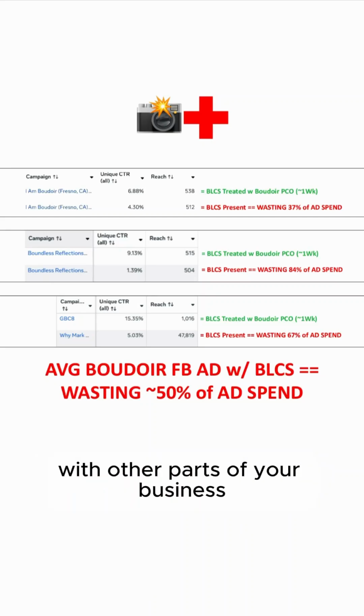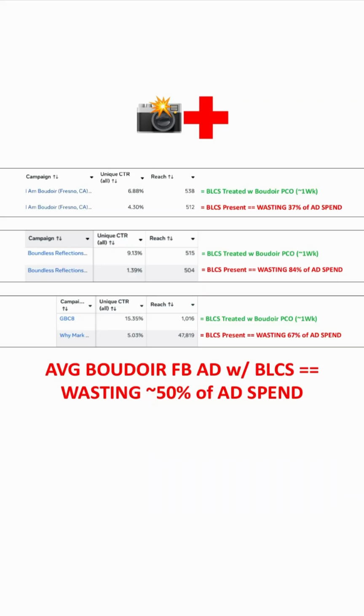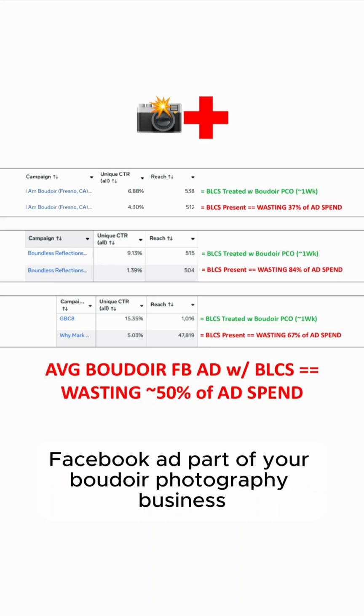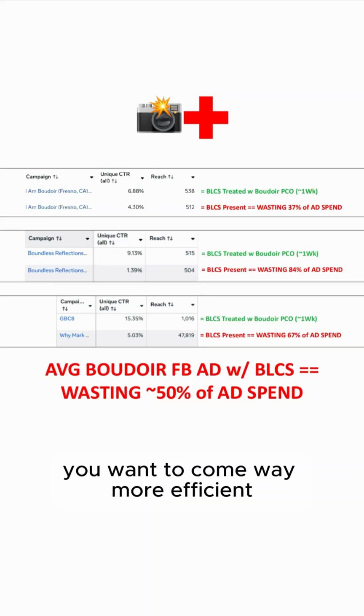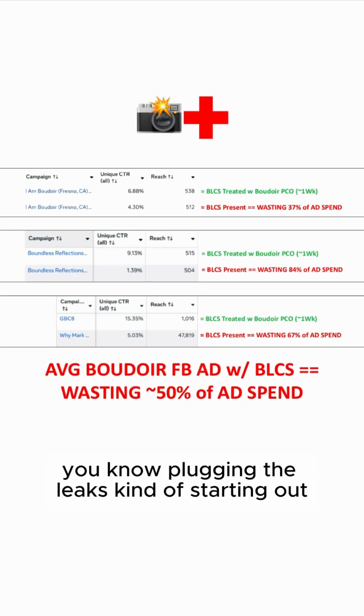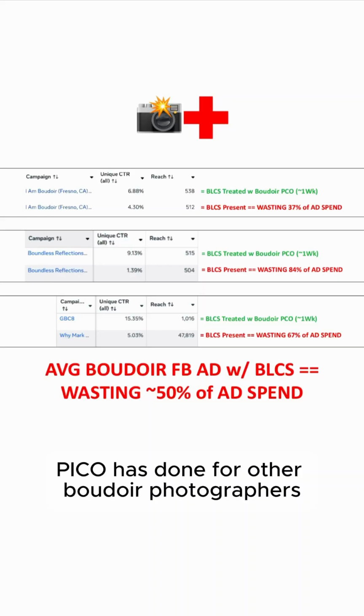You've already done that with other parts of your business, optimizing for the dollars on those parts. And now you've decided you want to do it on the Facebook ad part of your boudoir photography business. You want to become way more efficient, pull more money out of it as well by plugging the leaks. And you're seeing what Boudoir Pico has done for other boudoir photographers' Facebook ads.